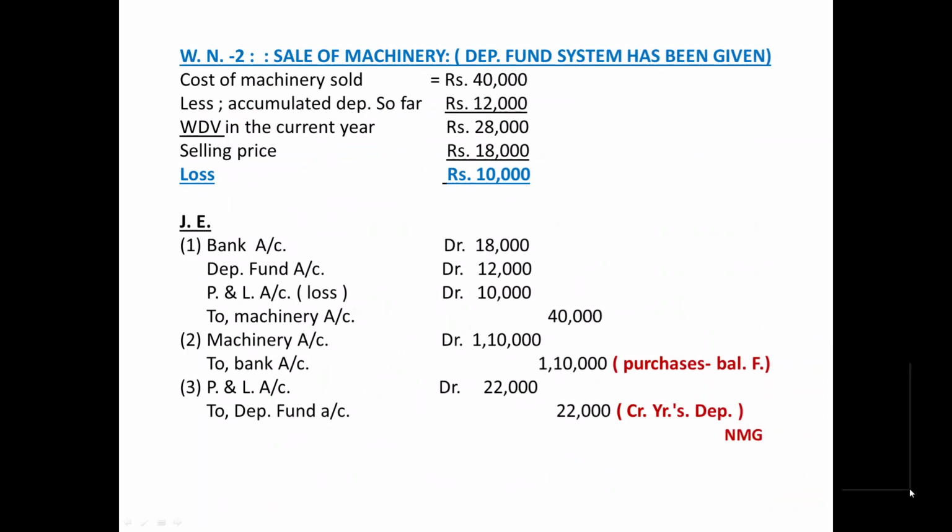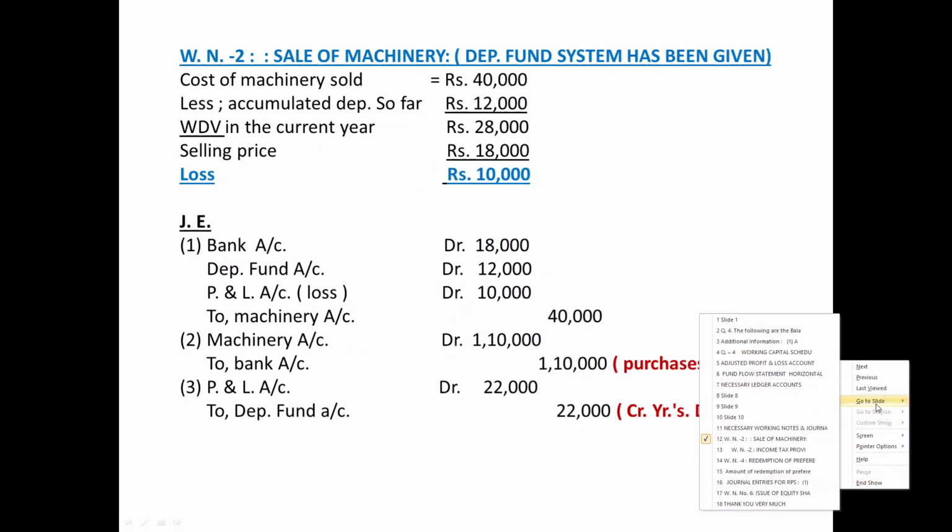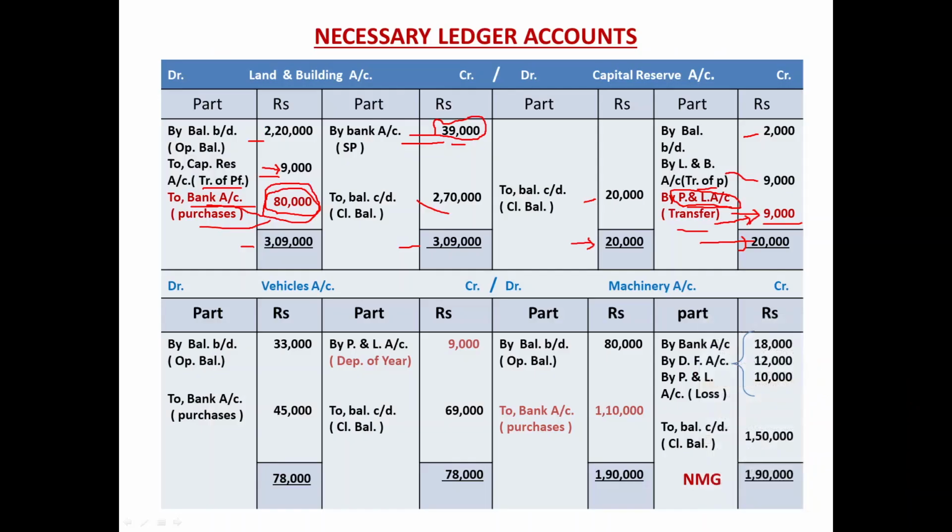A simple transaction has been given for the vehicle, so there is no need of any working note, because a simple purchase has been given. So let us post it directly in the vehicles account.